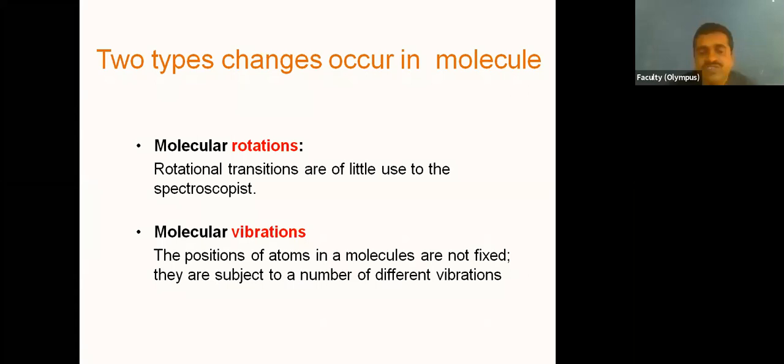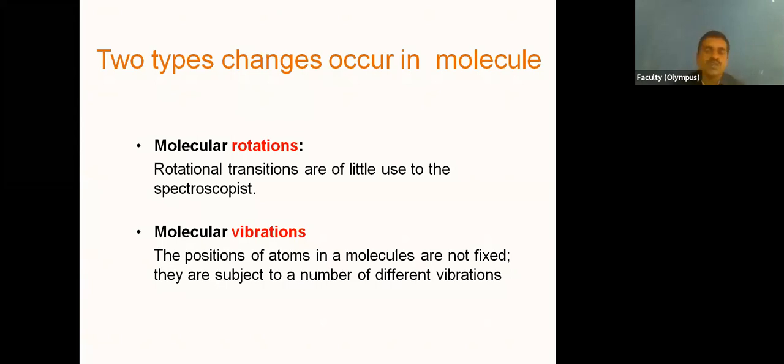Again, energy due to vibration depends upon the speed of vibration, oscillation. So we may say there are different vibrational energy levels in that molecule. By absorbing infrared radiations, the molecule may change its vibrational energy level from a lower vibrational energy level to a higher vibrational energy level.